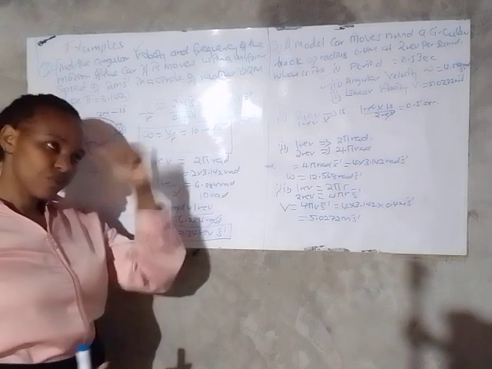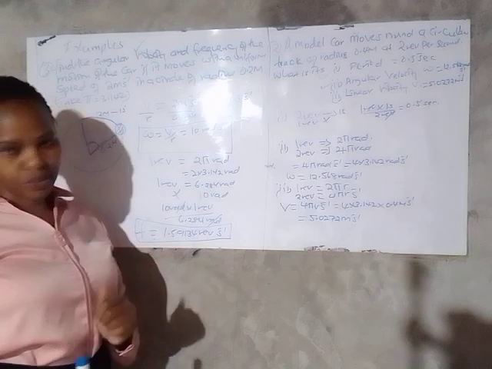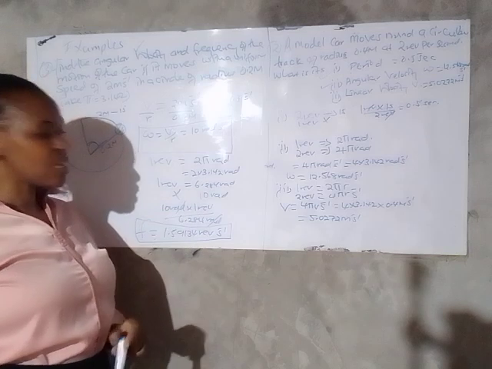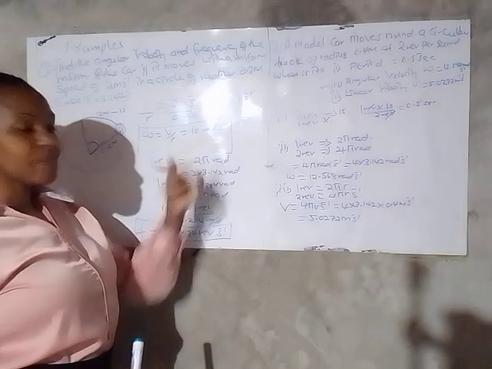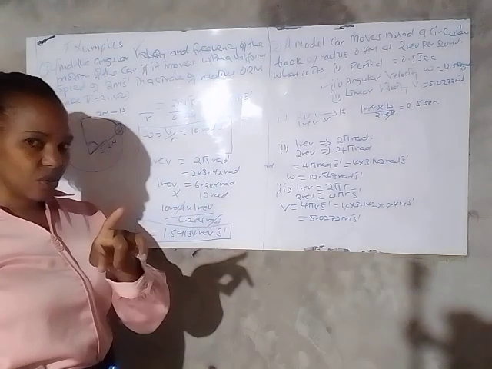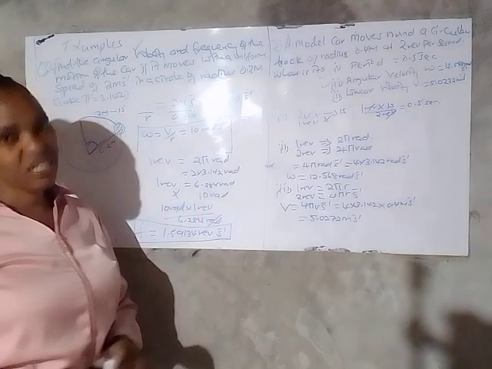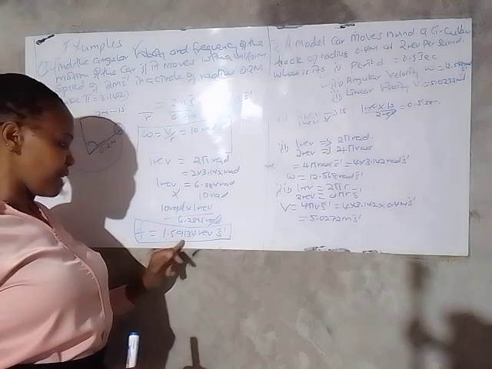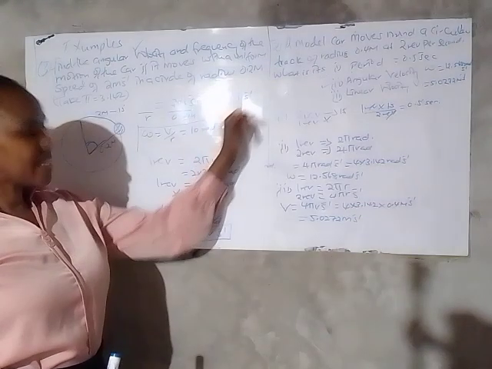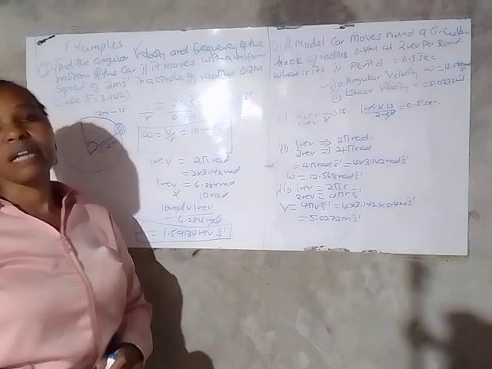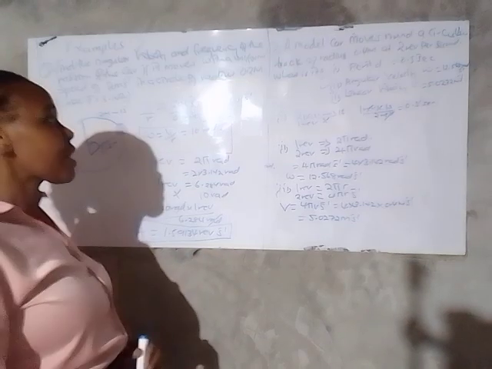One revolution is 2 pi radians, which is equivalent to 6.284 radians. So 10 radians, because there are 10 radians in 1 second, is 1.59134 revolutions. But remember, it is per second, and that becomes our frequency.